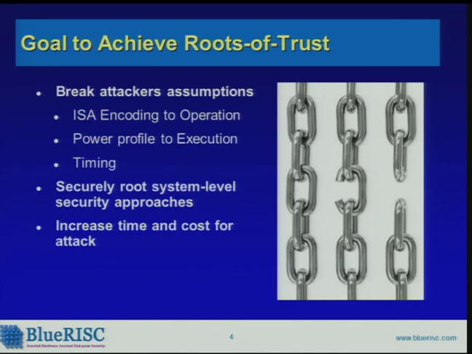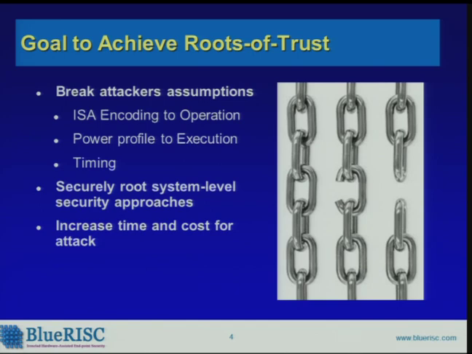So how are we going to address this? The goal is to break the attacker's assumptions. So we want to break the assumption that there is a static ISA encoding that translates to a single underlying operation. This will aid greatly in defending against reverse engineering attacks. Secondly, we want to be able to control the power profile of the execution on a core and break this power profile to execution correlation that typically exists, aiding in protecting against a differential power analysis attack or a simple power analysis attack.